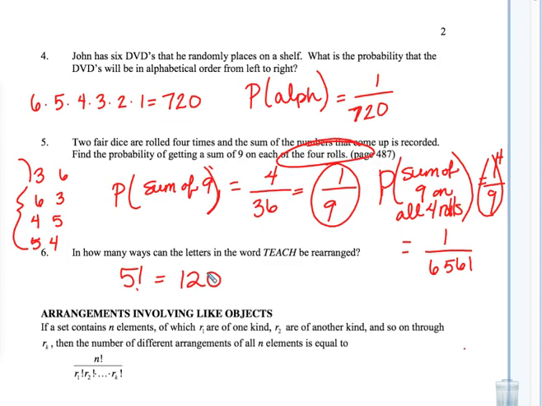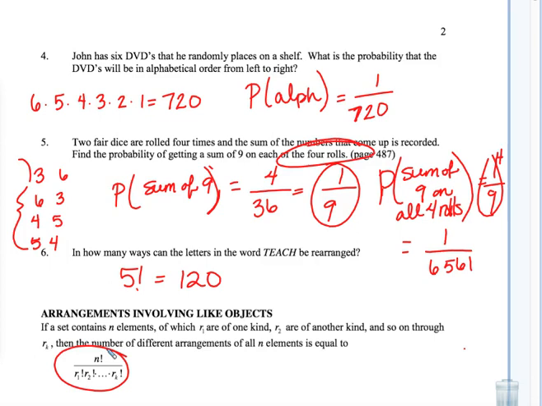What we're going to look at now, and you can see it here, is arrangements when we have like objects, when we have repetition, like more than one I or more than one S. If we have repetition, we still do n factorial like we did 5 factorial, but we have to divide out those repetitions, because it's really not a different arrangement.